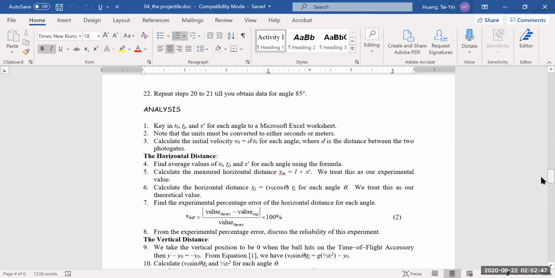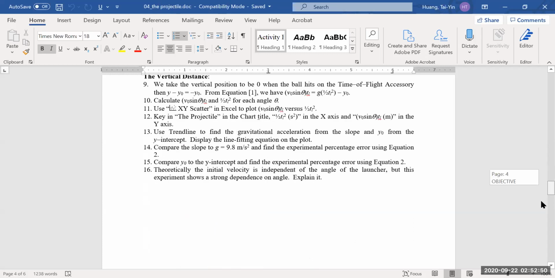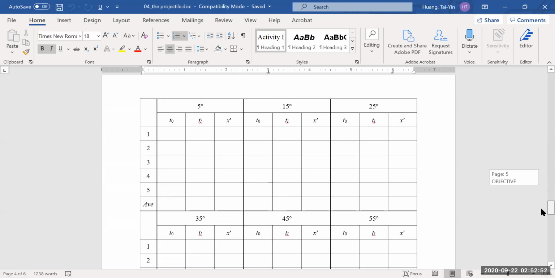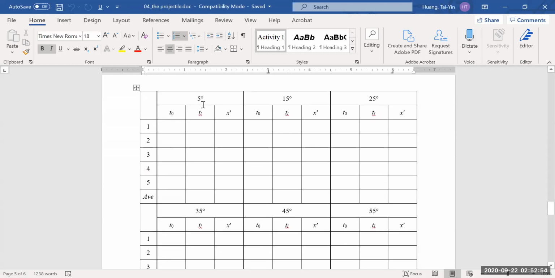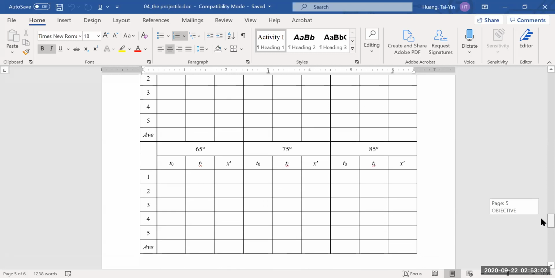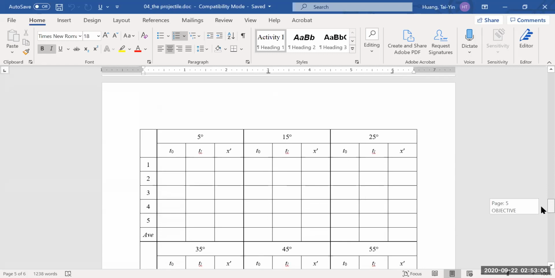So before we go to the analysis, let's look at the table. The table is structured with 5 degrees, 15 degrees, and 25 degrees. In other words, you're going to have data from 5 degrees all the way to 85 degrees in 10-degree increments.